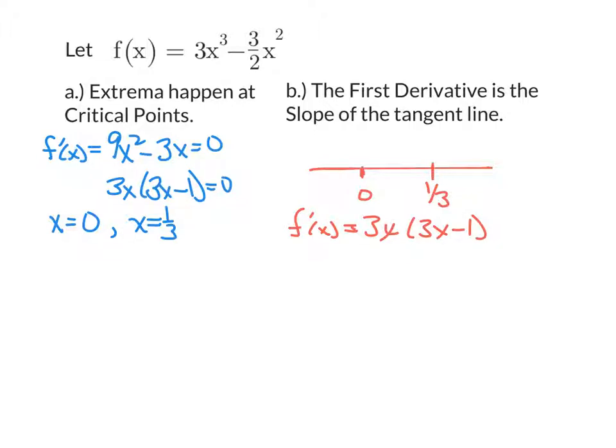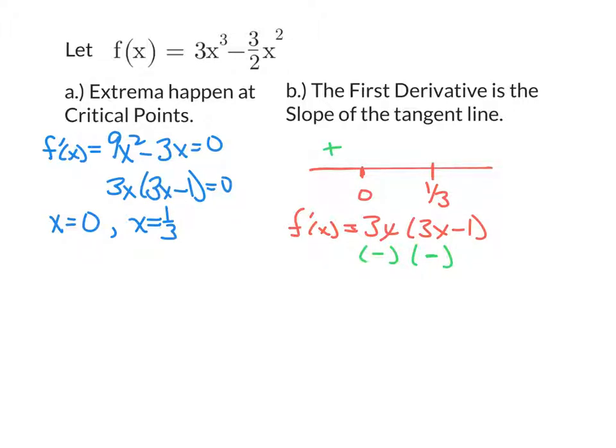So on the interval where x is less than 0, then that would mean that 3x is negative. And 3x minus 1 would still be negative. So I'm going to take a negative number times a negative number, meaning that on this interval, my derivative is positive. Then I'm going to test in between 0 and 1/3.